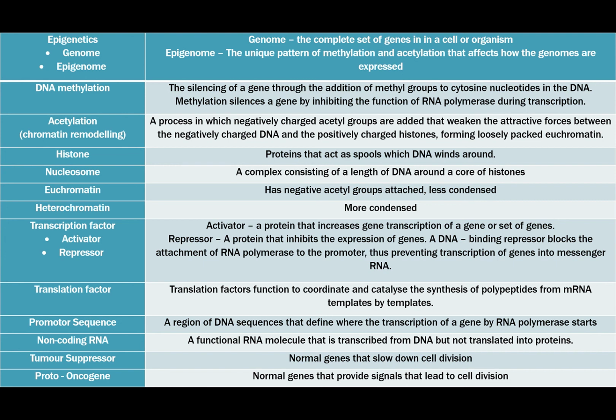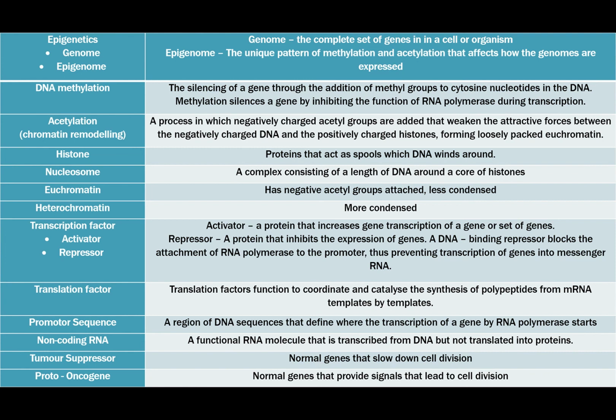Transcription factors. An activator is a protein that increases gene expression of a gene or set of genes. A repressor is a protein that inhibits the expression of genes. The DNA binding repressor blocks the attachment of RNA polymerase to the promoter, thus preventing transcription of genes into messenger RNA.